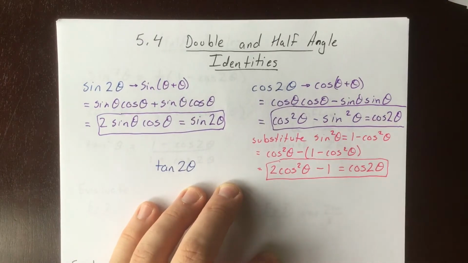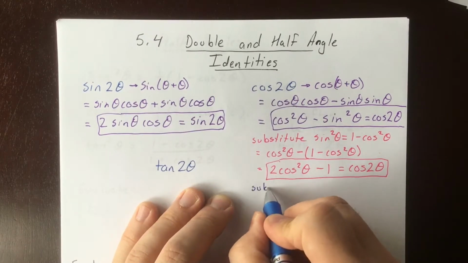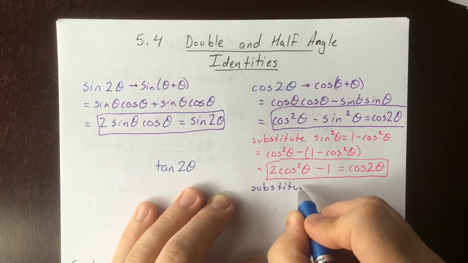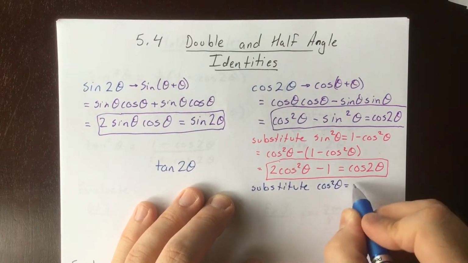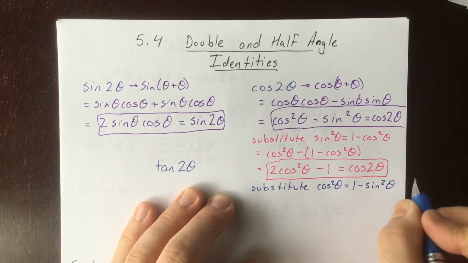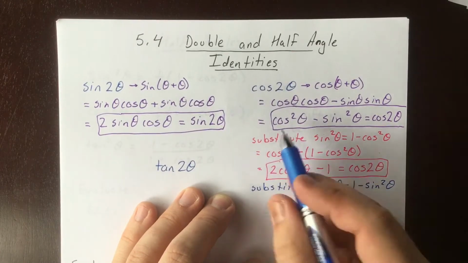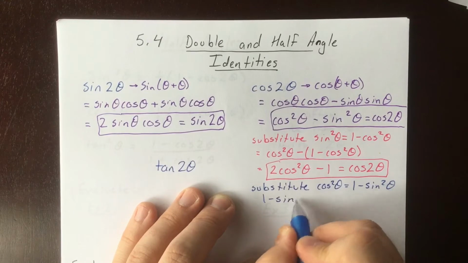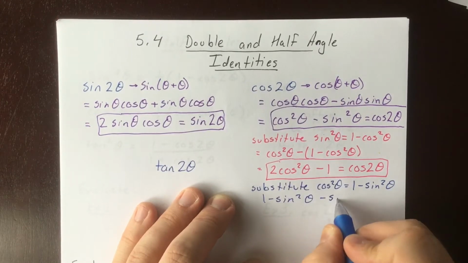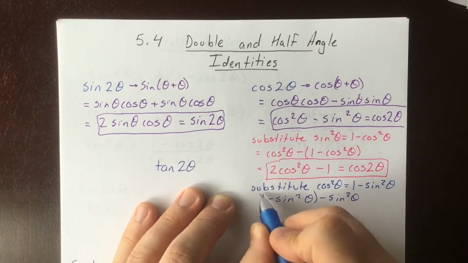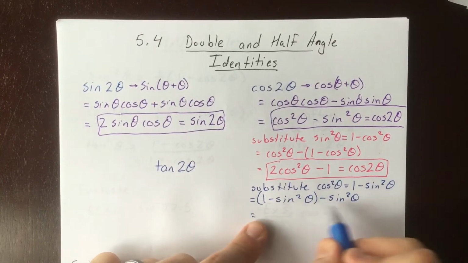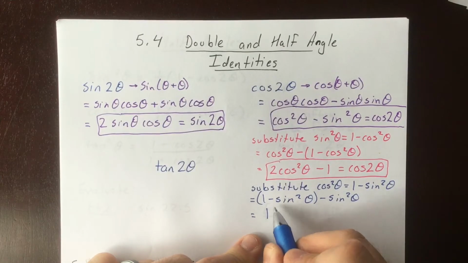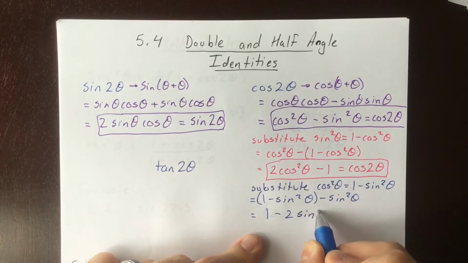I'm going to take a similar approach, substituting. Let's say cosine squared is 1 minus sine squared. So we have 1 minus sine squared theta minus sine squared of theta. Simplifying, we get 1 minus 2 sine squared theta.